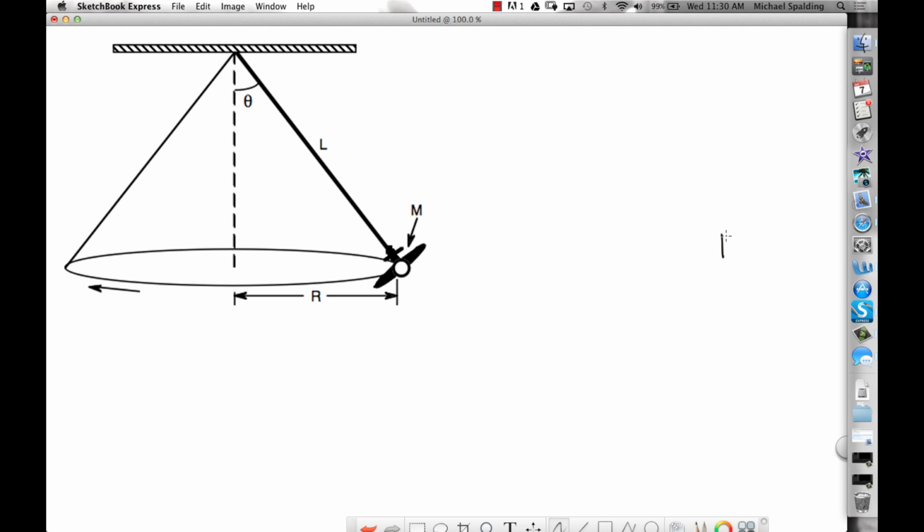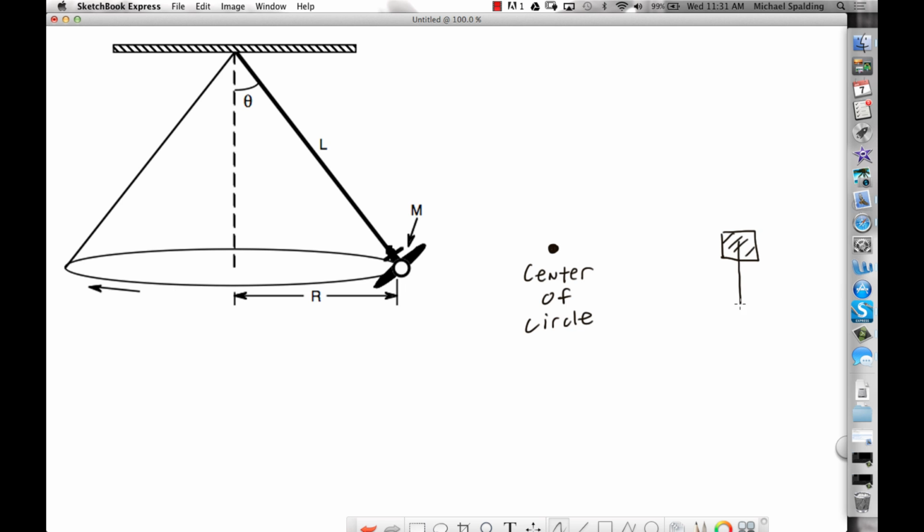Okay, so let's start out with a free body diagram. So here is the piggy flying around in a circle. The center of the circle is right here. Center of circular path is right here. Now, what forces are acting on the piggy as it flies around in a circle? There's only two.